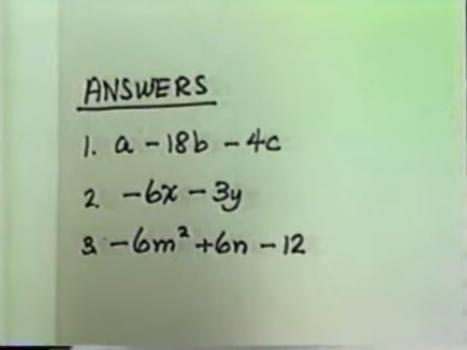For number 3, minus 6m squared plus 6n minus 12. If you made a mistake and don't understand where you went wrong, be sure to mark the place on your paper so that you can ask a tutor or a lab instructor for help when you go to the lab.